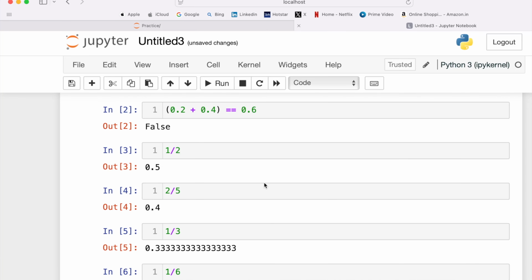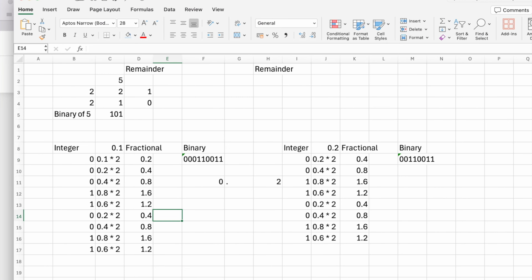In the binary number system, integer numbers can be represented very easily. So if I have to represent 5 in the binary number system, as I said earlier, we keep dividing it by 2. Let me quickly jump onto my Excel sheet here. So 5, I divide it by 2. 2 times 2 is 4, and we are left with remainder 1.